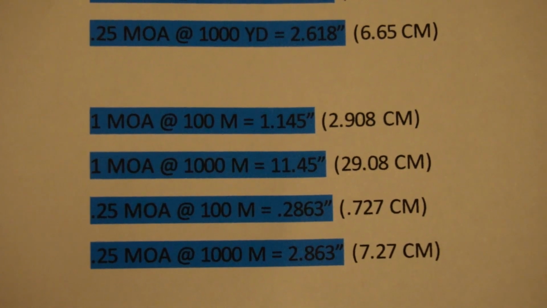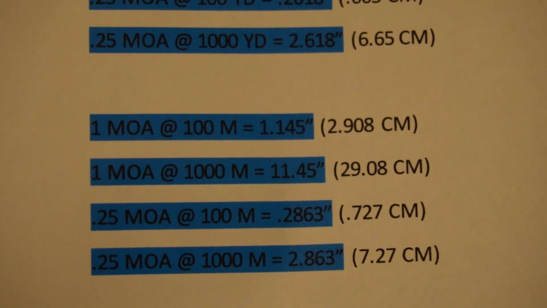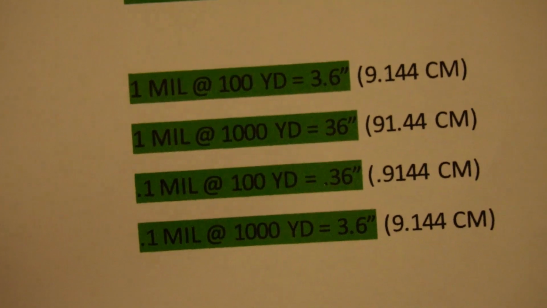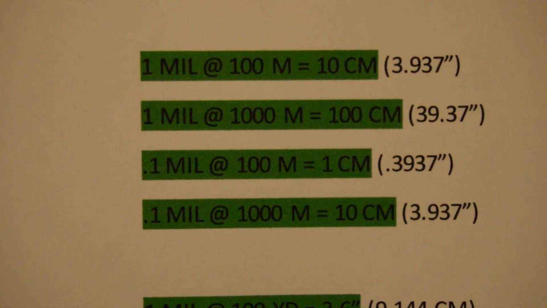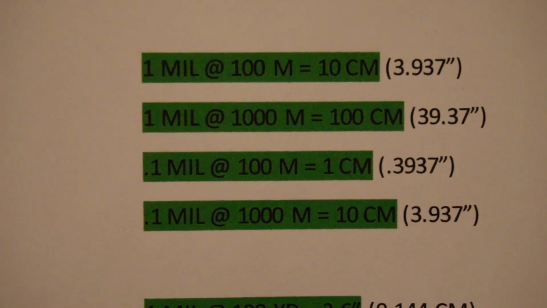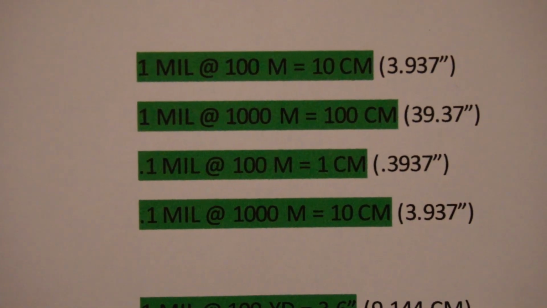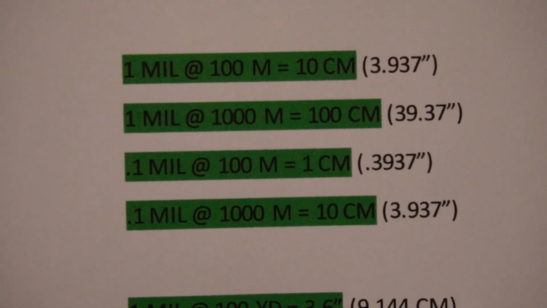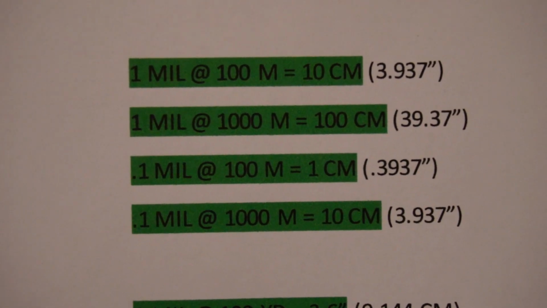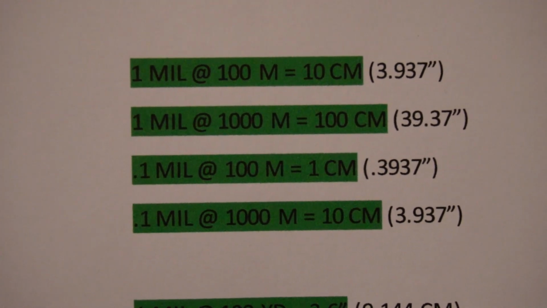So if you really wanted to take a step back and look at the big picture, what would you prefer to work with? Whether you're using 1 mil at 100 meters or 1 mil at 100 yards, you can tell that clearly the mil scale is a little bit easier to deal with.